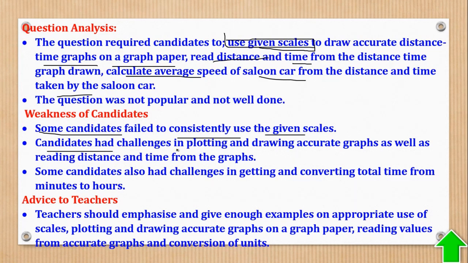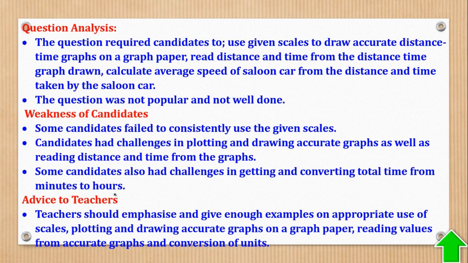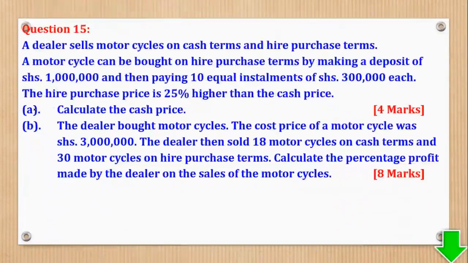Candidates had challenges in plotting and drawing accurate graphs as well as reading distance and time from the graphs. Some candidates also had challenges in getting and converting total time from minutes to hours. Remember, you can't use total time when it has minutes and hours. So that was question 14. Now we shall go to question 15.